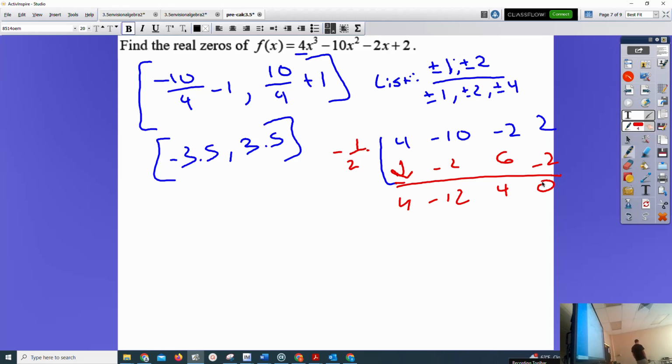Now, pay attention to your quotient. You know what I mean by quotient? The answer. The 4x squared minus 12x plus 4. You reduced it to a quadratic, right? You actually hit your goal. You have reduced down to 4x squared minus 12x plus 4. You should pull out a 4 because it'll make the quadratic formula quicker.